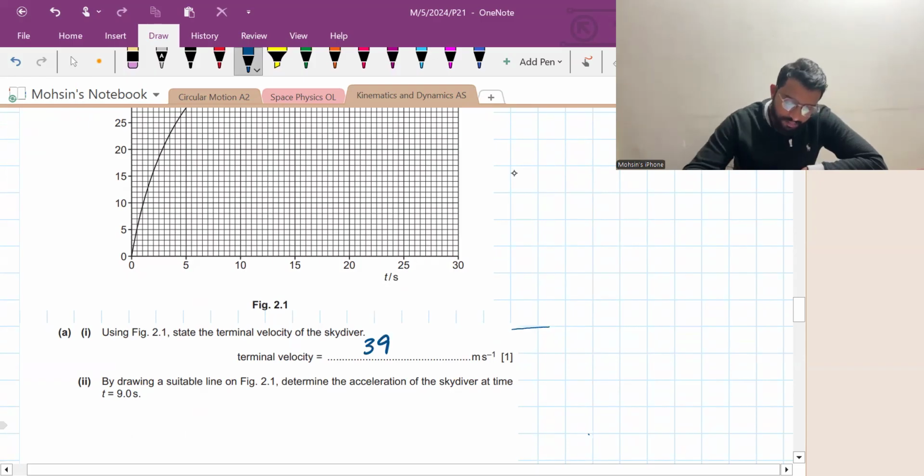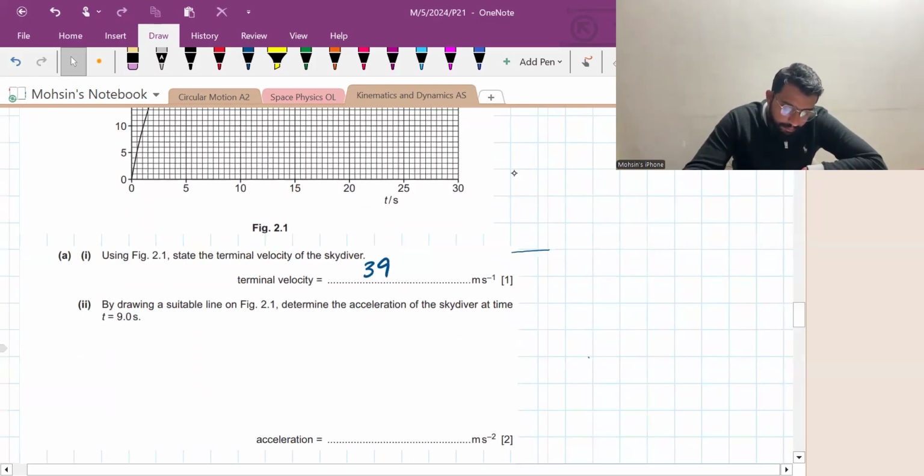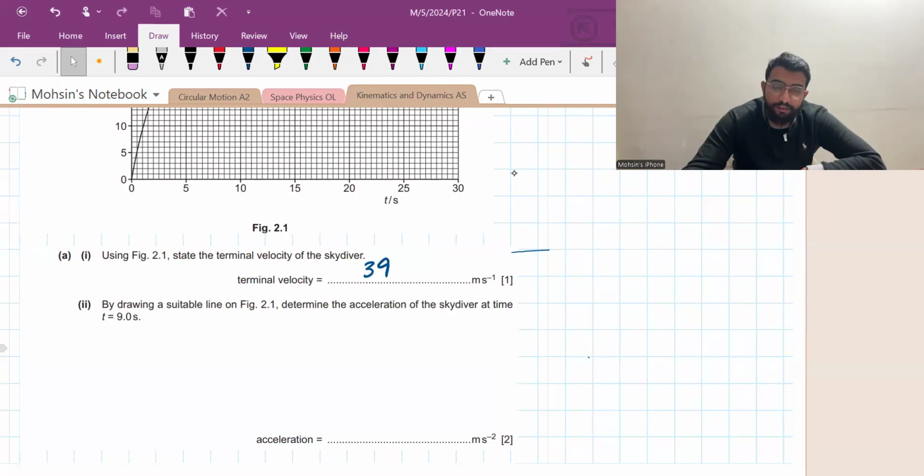So for one mark, it is 39 meters per second. By drawing a suitable line on figure 2.1, determine the acceleration of the skydiver at time 9.0 seconds. It's a velocity time graph, and we know in order to find the acceleration, we need to find the gradient, because the gradient of a velocity time graph gives us acceleration.